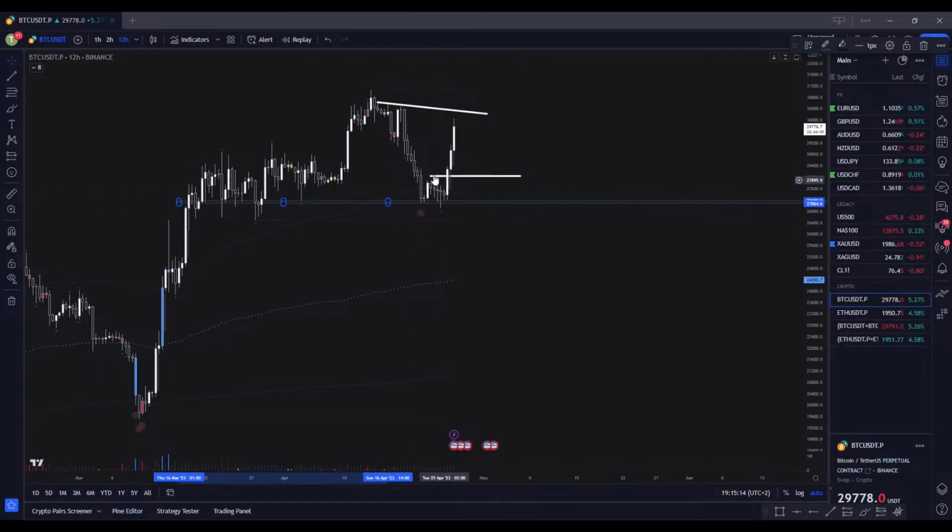So this should hold if we want to see new highs. Obviously, if we break underneath this with conviction, we are back within this developing yearly VWAP structure. Then I'm very happy to short this back to the yearly VWAP, into these lows here as well. But so far, doesn't look too bad to me.